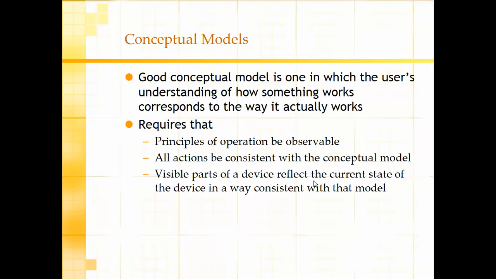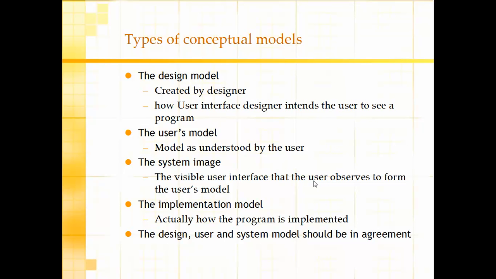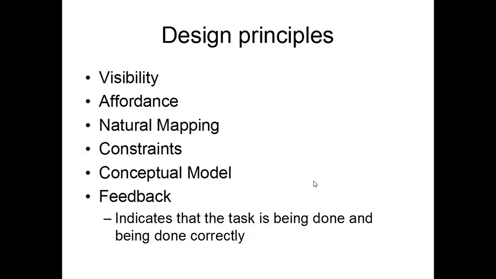It is one in which the user's understanding of how something works corresponds to the way it actually works. This requires that principles of operation be observable, all actions be consistent with the conceptual model, and the visible part of a device reflect the current state of the device in a way consistent with that model. You can have many different types of conceptual model. Right now we will not go into this.